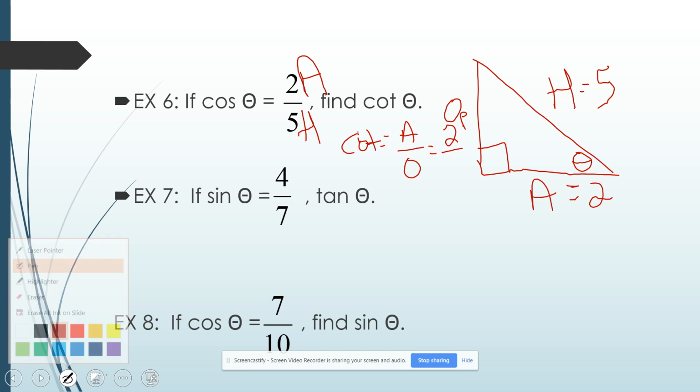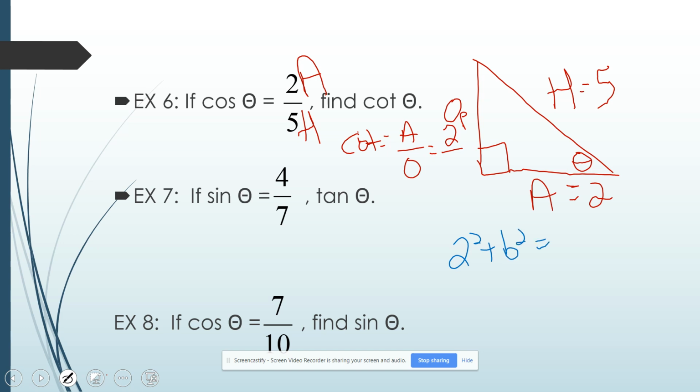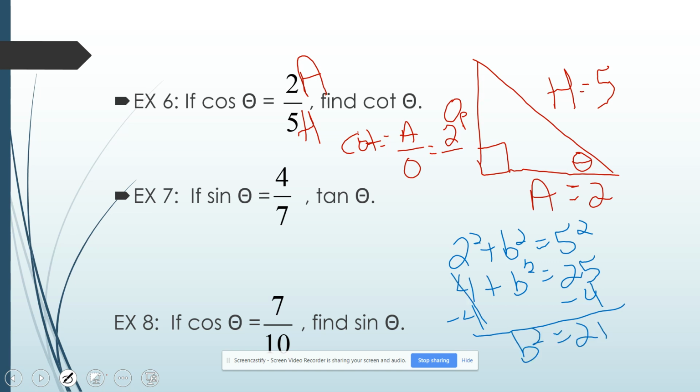So we're again going to go ahead and check out Pythagorean theorem. We have 2 squared plus b squared is 5 squared. 2 squared is 4. 5 squared is 25. Subtract 4 from both sides, and we get 21.